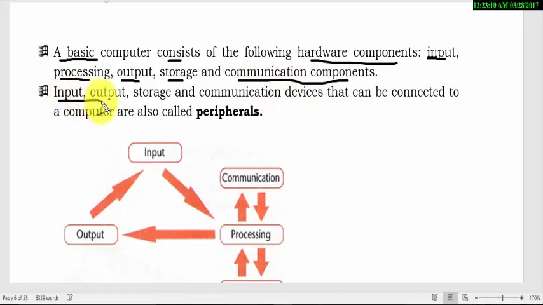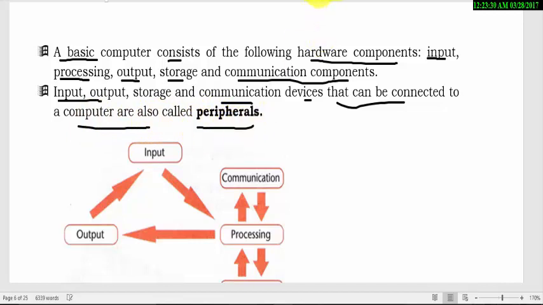So now we are going to be discussing them one after another. We have input, output, storage, and communication devices that can be connected to a computer. Input, output, storage, and communication devices that can be connected to a computer are called peripherals.